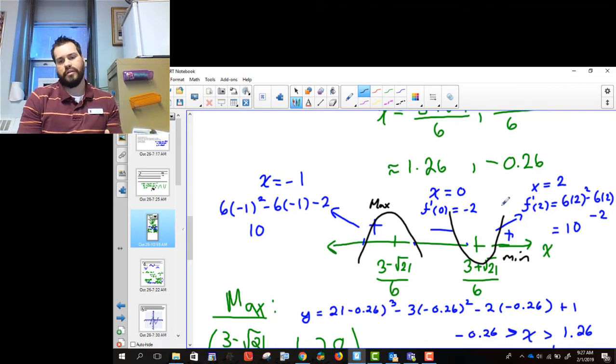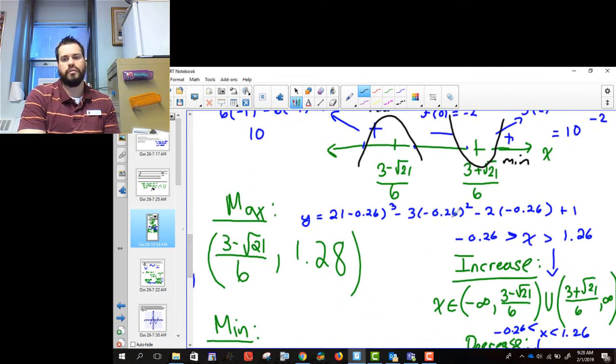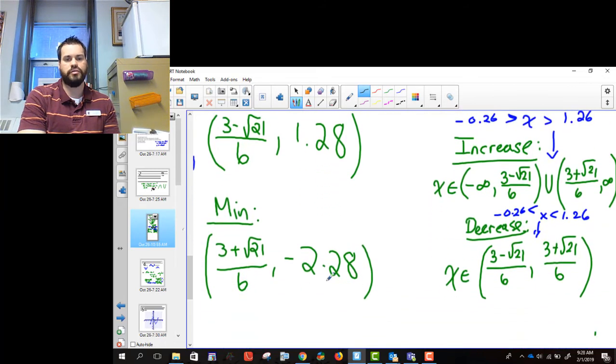Then I want to find the y values associated with those two numbers. To do that, I plug the numbers minus 0.26 and 1.26 back into the original function because I want what y equals. So I plug it in, and I get 1.28. And then for the minimum, I plug in 1.26, and I get negative 2.28.